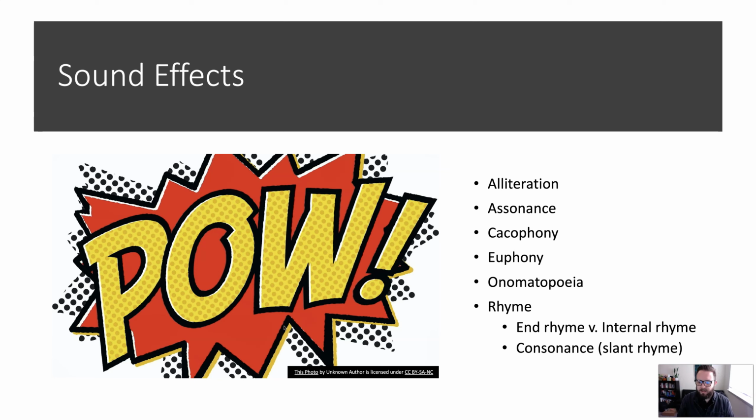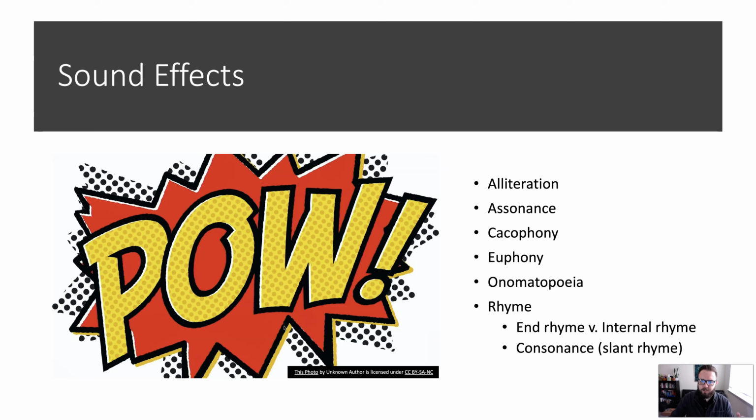Cacophony is when sounds come together to create a really harsh and discordant feeling. The words don't sound very nice together, and it grates on us and makes us feel uncomfortable. The opposite of that is euphony, where the music of the words and the way they play together creates a really pleasing sound and makes us feel good.